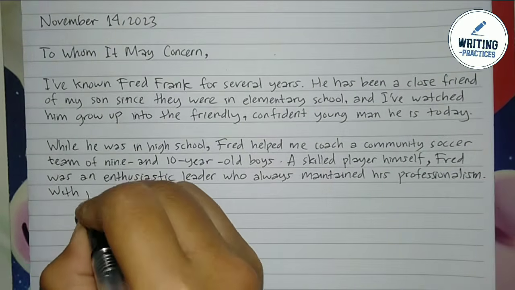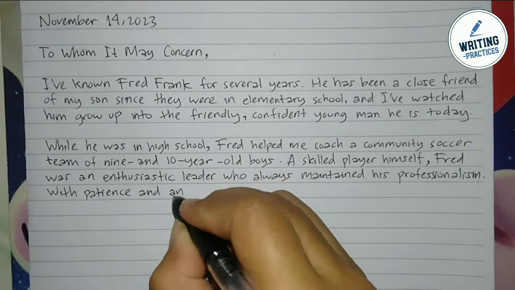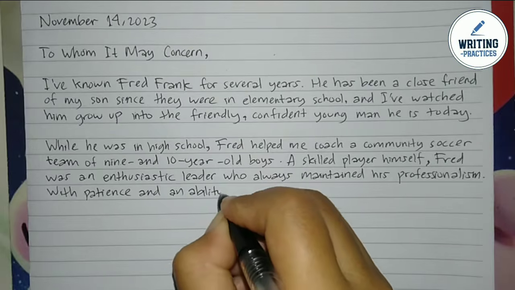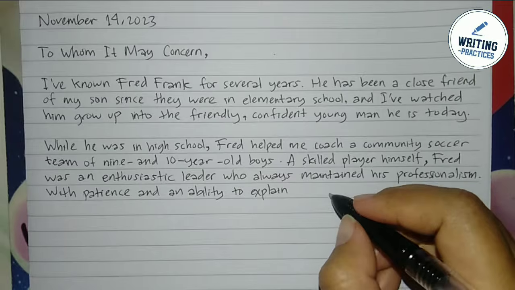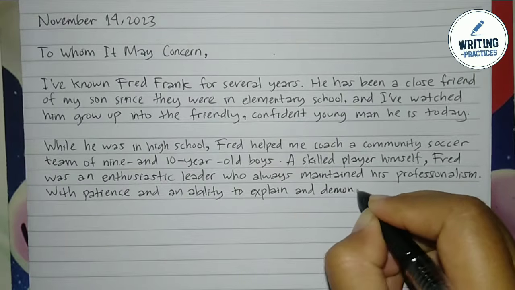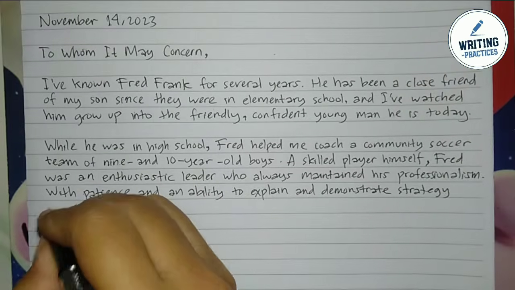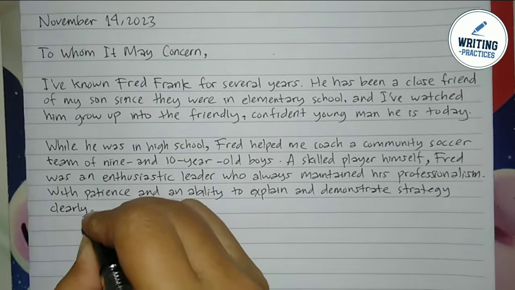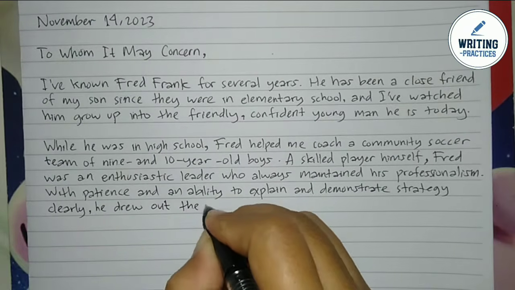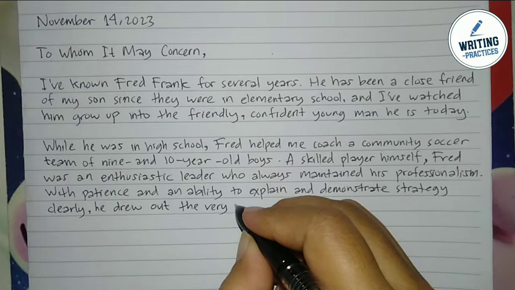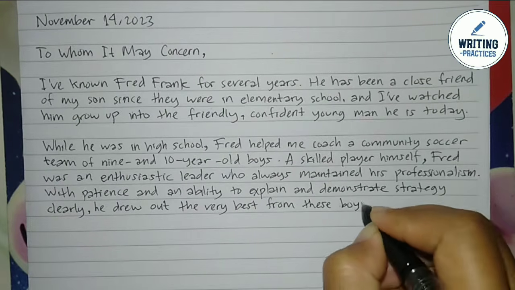Like the person always maintained his professionalism, or has patience, or maybe about the ability to explain and demonstrate strategy clearly. Of course, you can only mention the positive sides about this person. And give a powerful statement on how the person is one of the best ones you meet. In this example, the writer states that the person is the very best of all the boys at school.